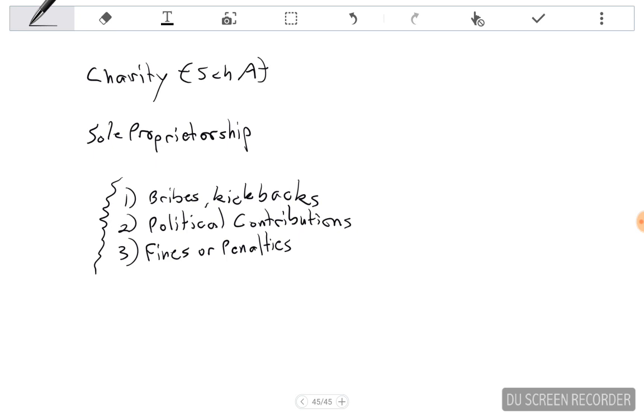So for that reason, illegal activities are taxable, and they let you deduct certain expenses in the course of carrying out illegal activities, such as prostitution, if it's not legal in that particular jurisdiction, illegal drugs, stuff like that.